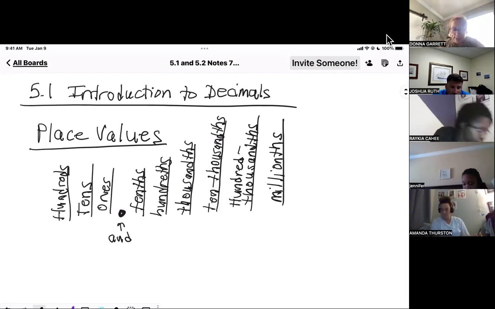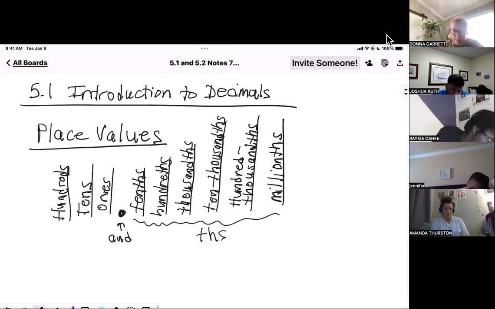If you notice, I call these the THS, because every single one after a decimal place has a THS at the end, like tenths, hundredths, thousandths. That's how you know where you are. If you see a THS, we're talking about after a decimal place.